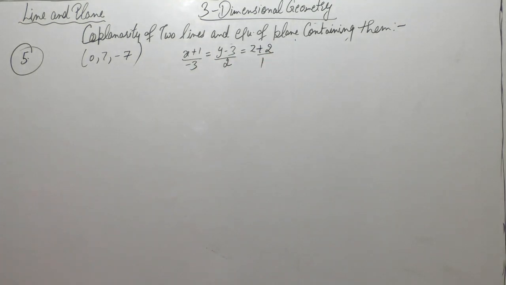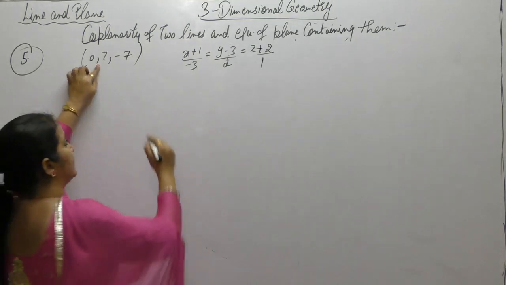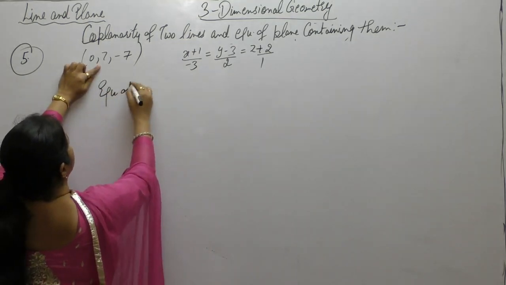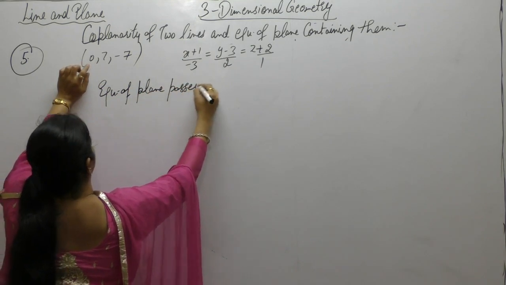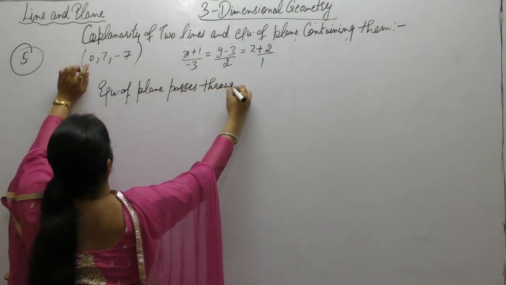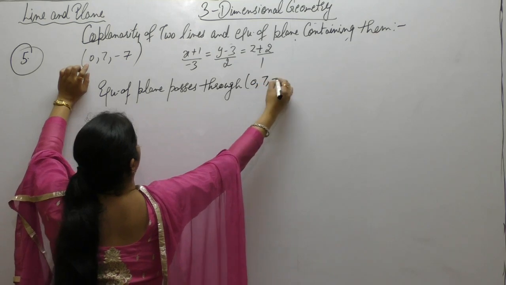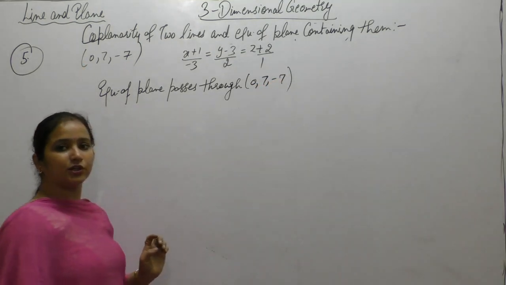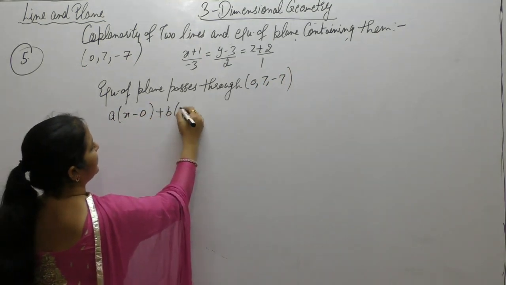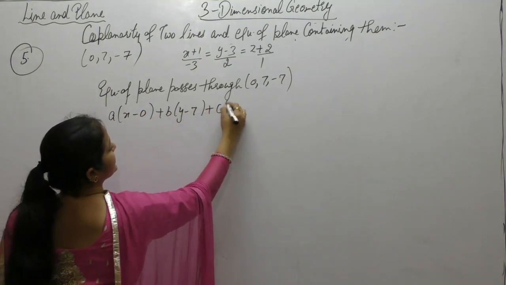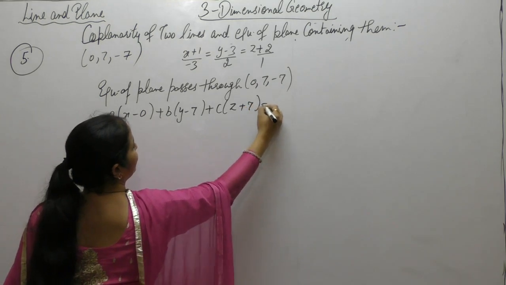Now the equation of the plane passing through this point 0, 7 and minus 7. What is the equation of the plane? A(x minus x1), B(y minus y1), C(z minus z1) equal to 0.